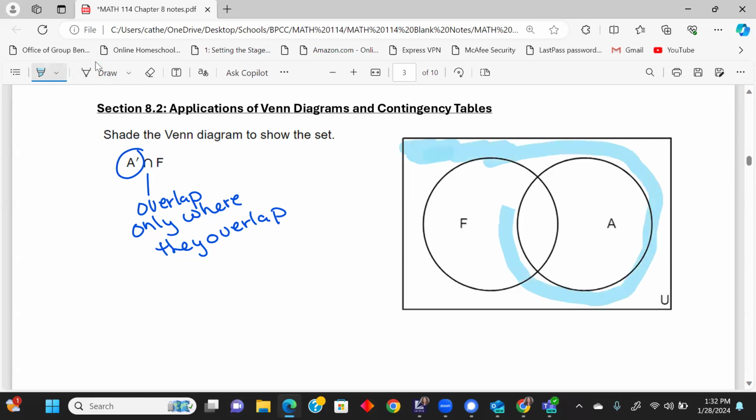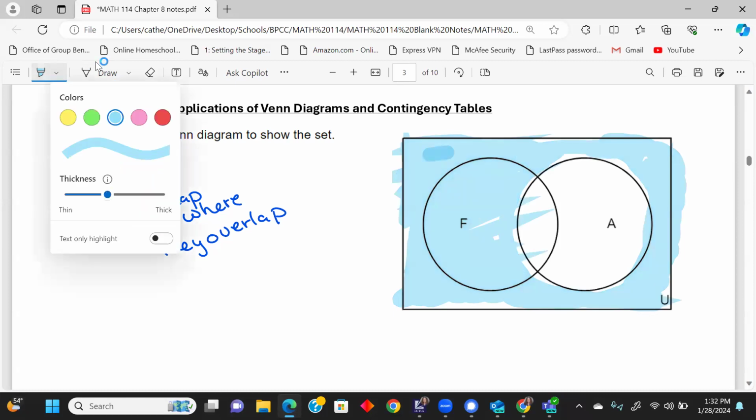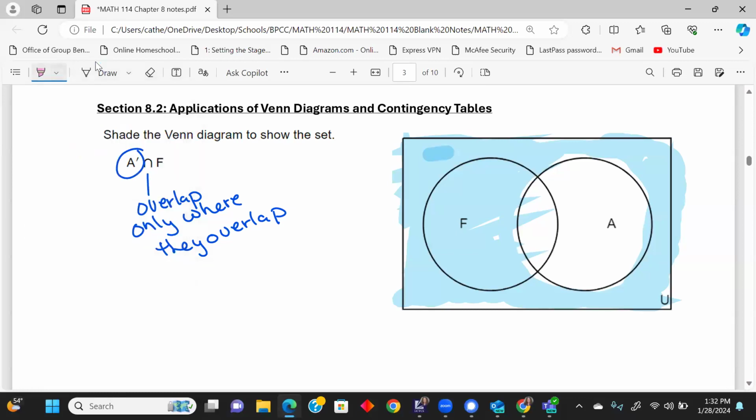We're going to pretend I can shade. I don't draw very well, and I'm not going to shade very well, but I will do my best. And I'm going to show you how to do this in my math lab too. It's fairly straightforward. Okay. So we are looking for overlap. We want to know where not A overlaps with F. Where does not A overlap with F?